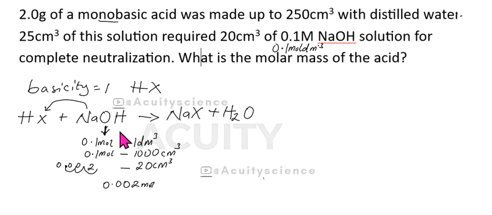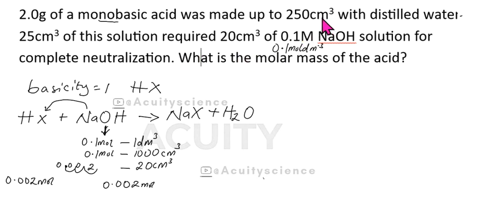Okay. Now, because the mole ratio here is 1 is to 1 is to 1 is to 1, and we were told that neutralization occurred, it means this must have reacted with exactly the same 0.002 mole of this acid that we don't know for sure what this negative part is. All right, now for us to investigate that, let's look at the volume of this acid that was involved in the reaction.